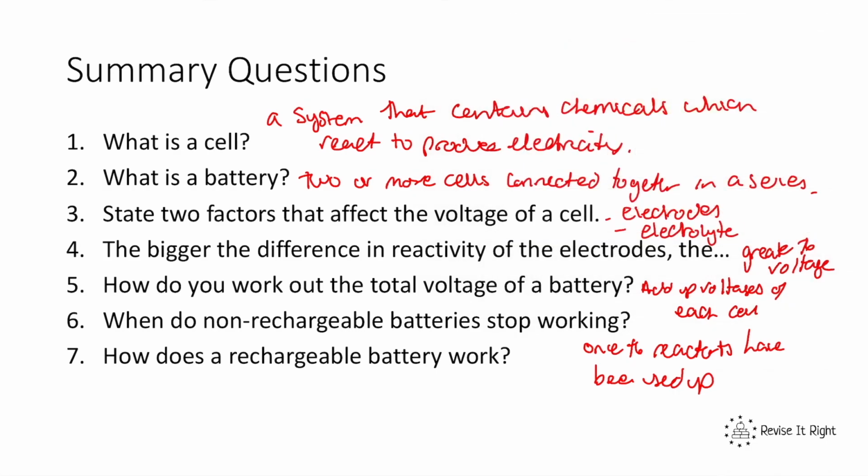And question 7, how does a rechargeable battery work? Well, in a rechargeable battery, the reaction can be reversed by connecting it to some sort of external electric current. So the reaction can be reversed, so the products become the reactants again, and those ions can be used to produce electricity.